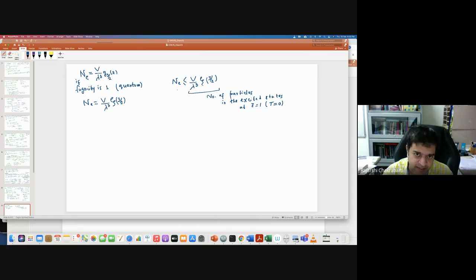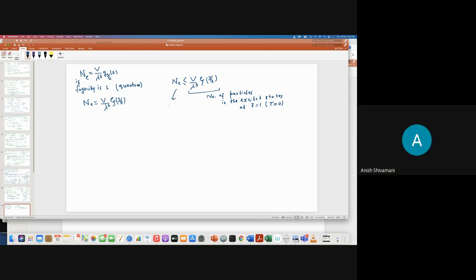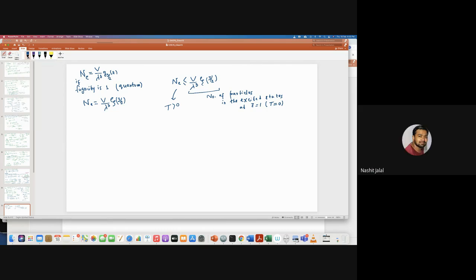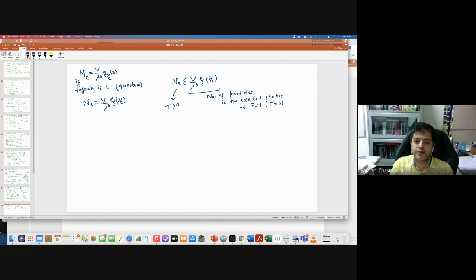The left hand side is the number of particles in the excited state, at any finite T greater than 0. And on your right, what is this? This is the number when you are approaching T equal to 0, isn't it?